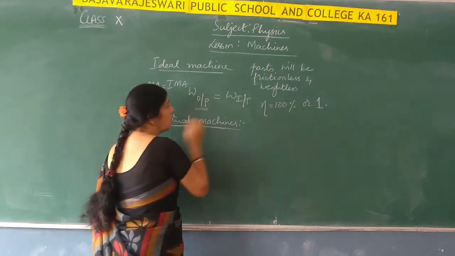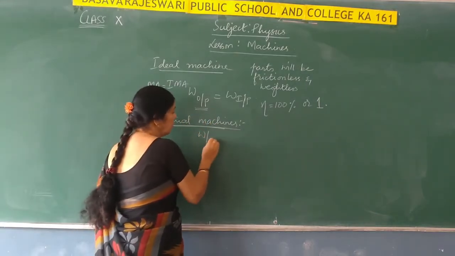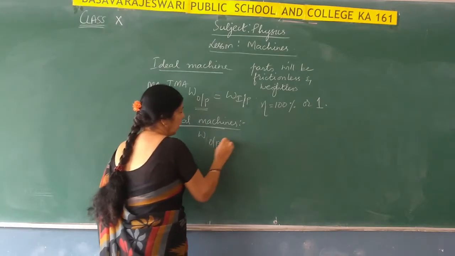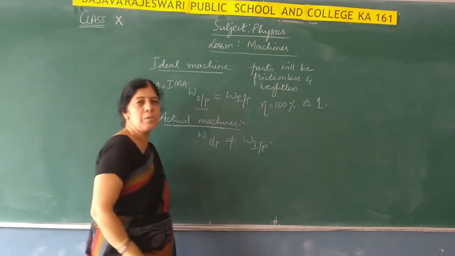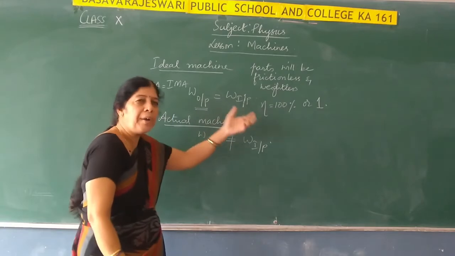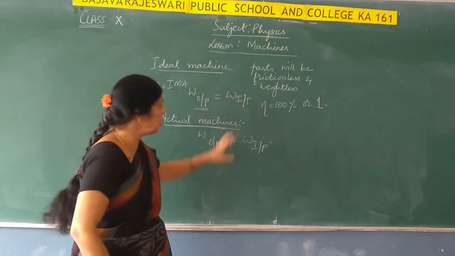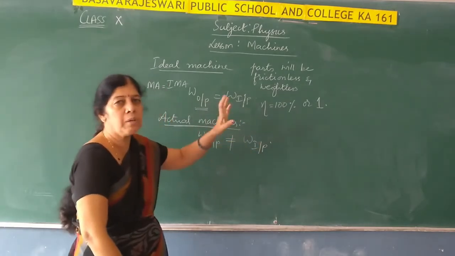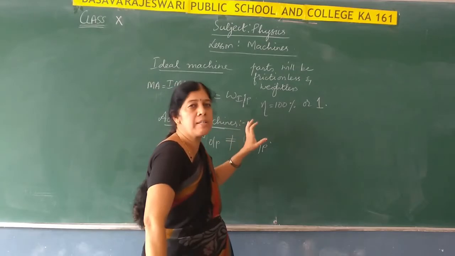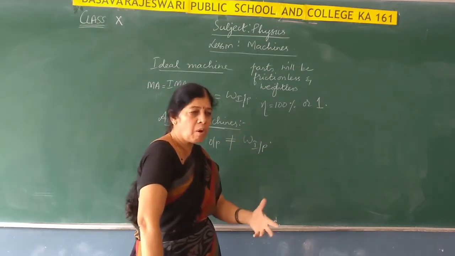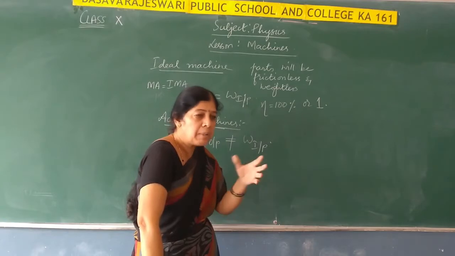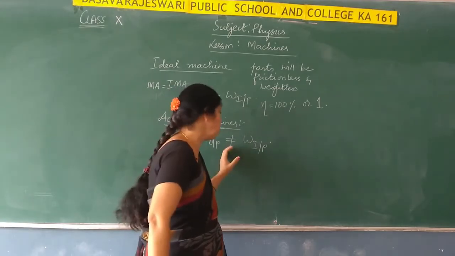In such cases, what happens? Work output will not be equal to work input. Suppose you give 100 units of work to the machine, all the 100 units will not be converted as output; 60 units, 50 units or 70 units will be converted as output.